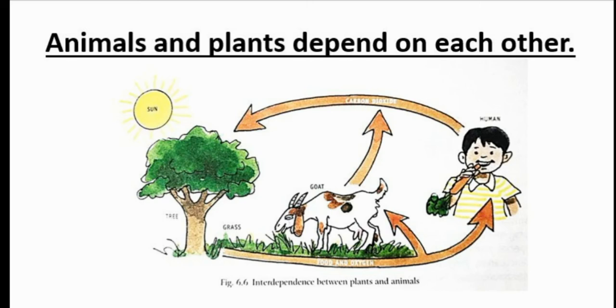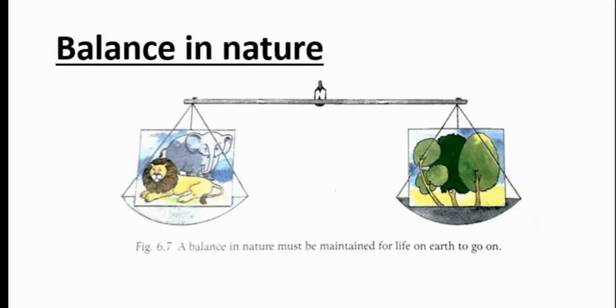Next we will see the balance in nature. There is a balance in nature, and this balance needs to be maintained between the number of plants and the animals. What will happen if there is a sudden increase in the number of animals, or a sudden increase in the number of plants, or if there is a decrease in any of them? This balance gets disturbed.